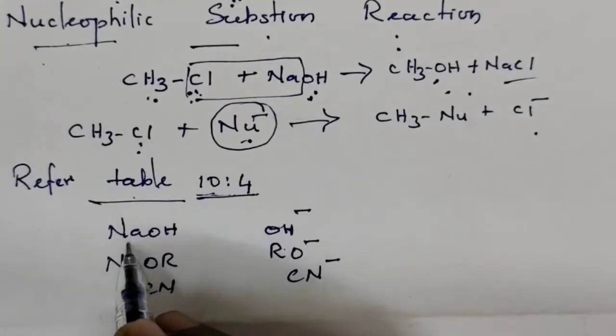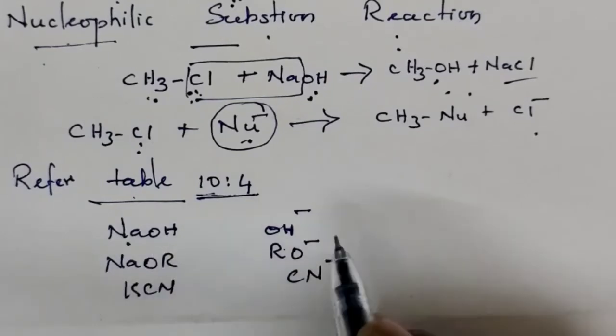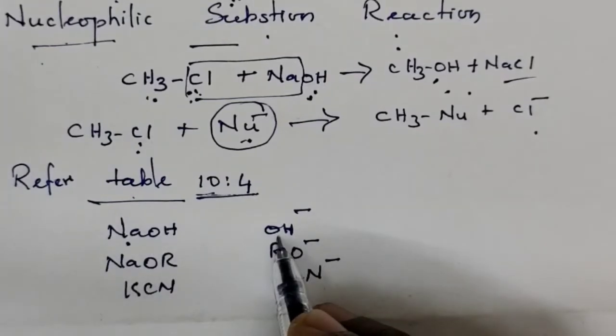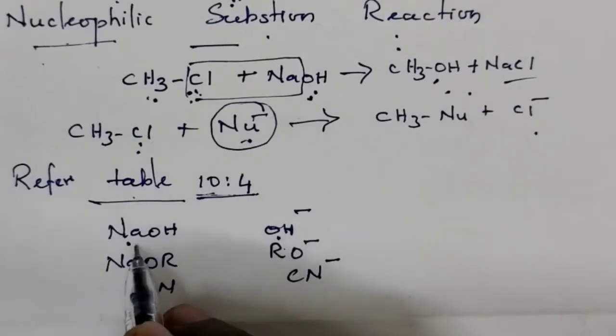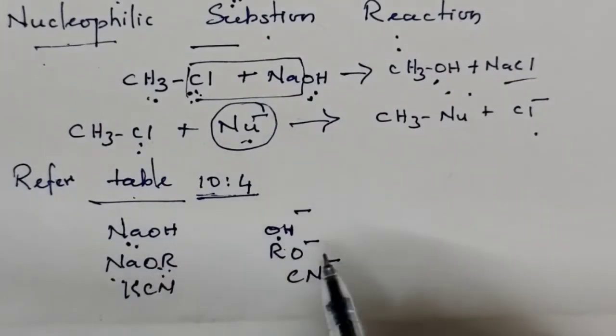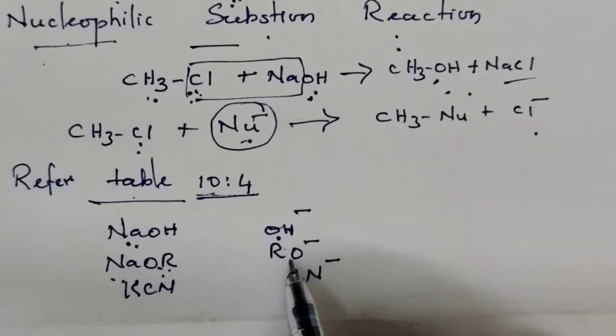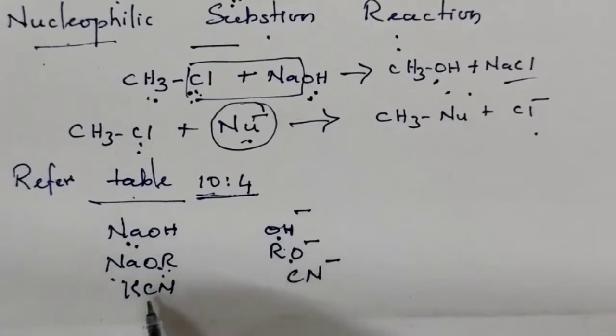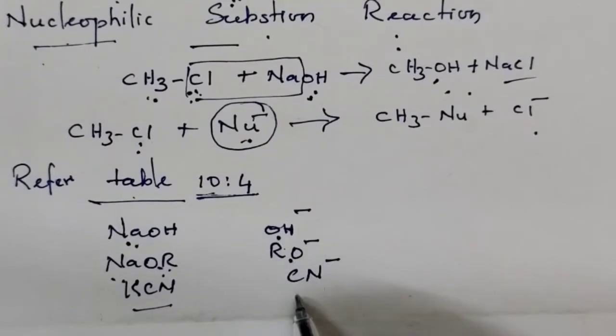If you take sodium hydroxide as the reagent, then OH minus is the nucleophile coming out from the reagent. If you take NaOR, which is sodium alkoxide, the nucleophile is RO minus. If you take KCN as the reagent, the nucleophile is CN minus.